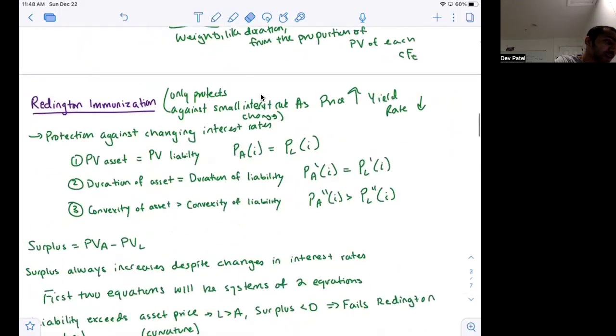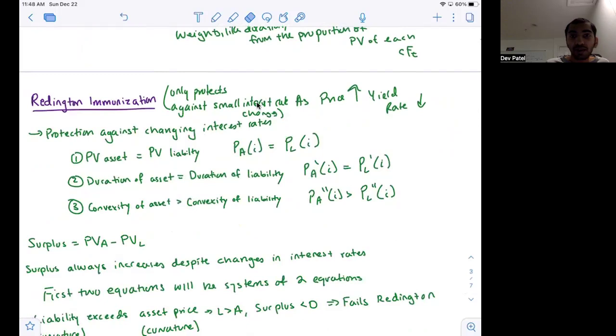Redington immunization only protects against small changes in interest rates, and full immunization protects against large or any change in interest rates. There are three main concepts you need to know. First, the present value of the asset equals the present value of the liability. The liability is what you are owing. The asset is what you are investing into to be able to pay out that liability.